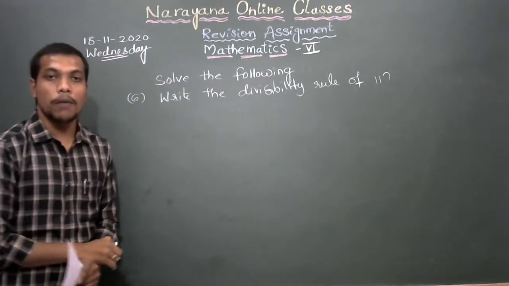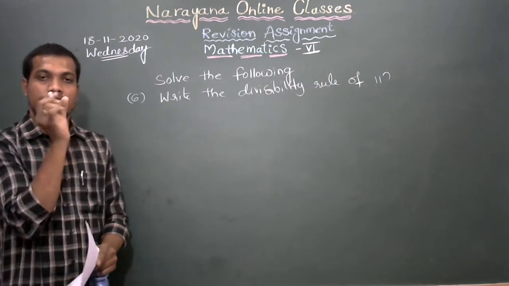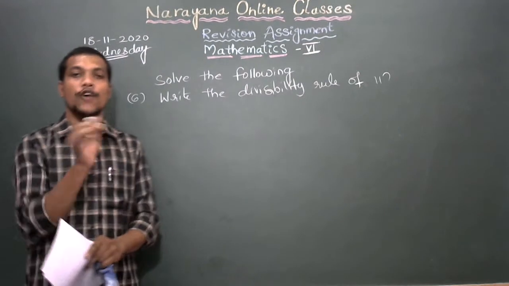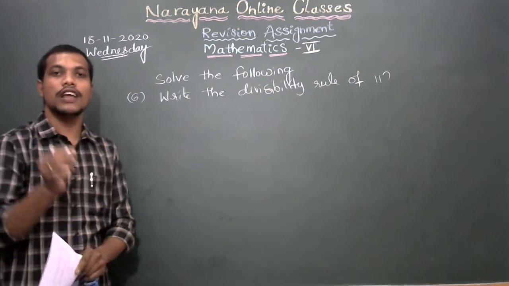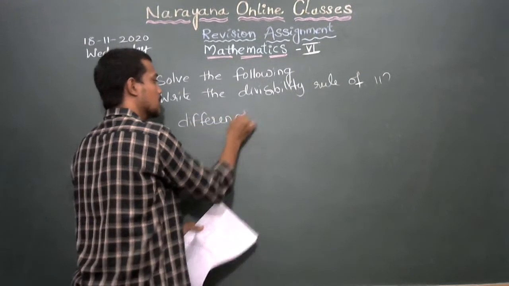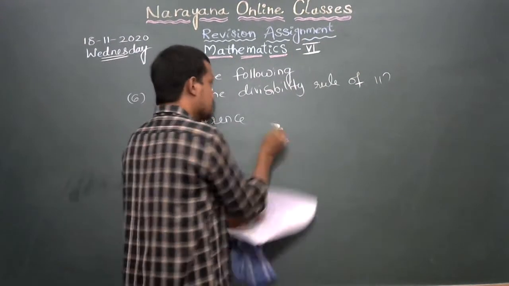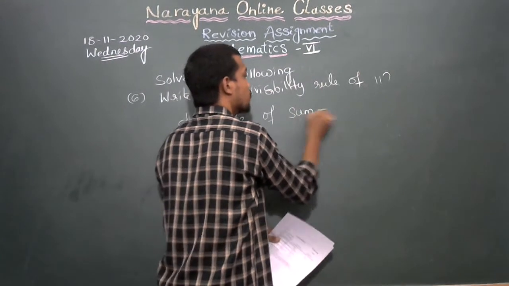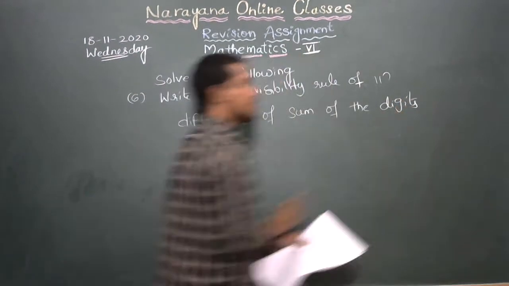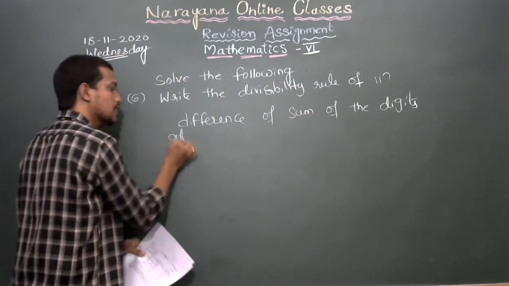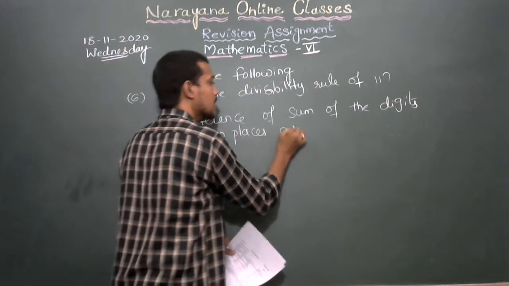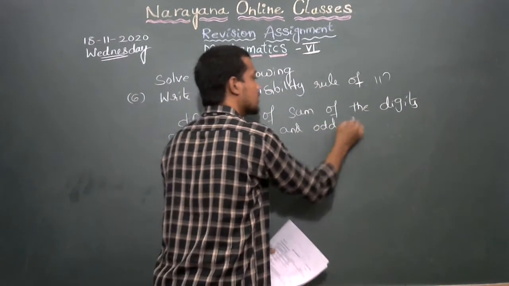The divisibility rule of 11 means the given number should have the difference of the sum of the digits at even places and odd places.